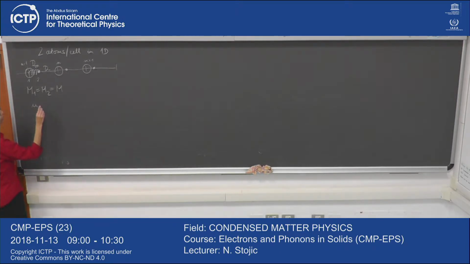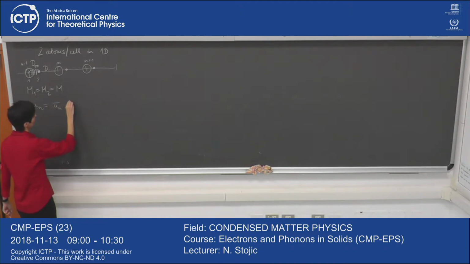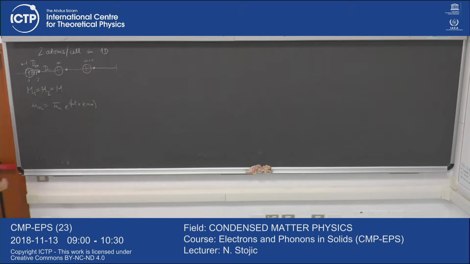So we will continue with displacements. We have only x direction, so no need for alpha. We write it like that. And we have to now write two equations because we have two bodies, 1 and 2.